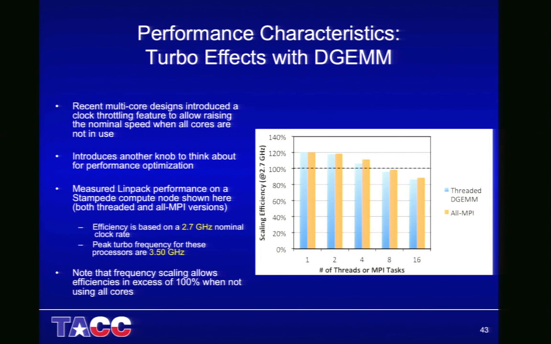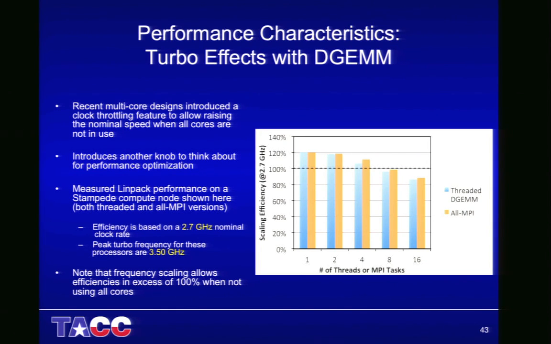This is something that was also discussed briefly this morning, turbo mode. It's presented a little bit differently, but it points out the same thing: we're running with turbo mode on Stampede as well. Our nominal speed is 2.7 gigahertz. The peak speed is 3.5 gigahertz. If you were to run LINPACK, for example, on these nodes, I'm basing all of my performance on the nominal value.